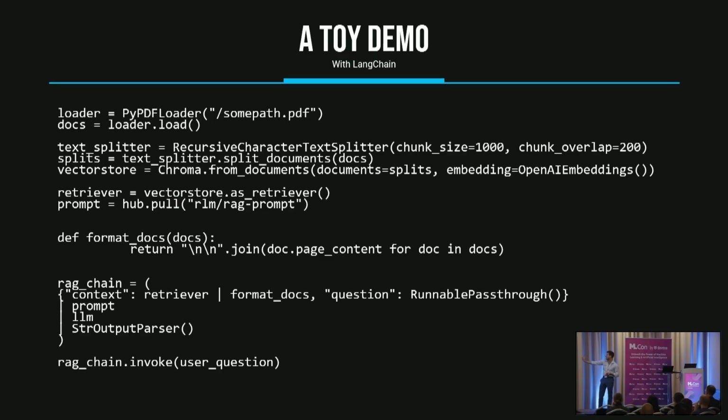And retriever plus formatting fills the context variable. We get a question from the user. Then we pass those variables in the prompt. We call the LLM, and we apply some parsing rule at the end. So we don't want the full message to be returned, but just the string, the inner content of the message.